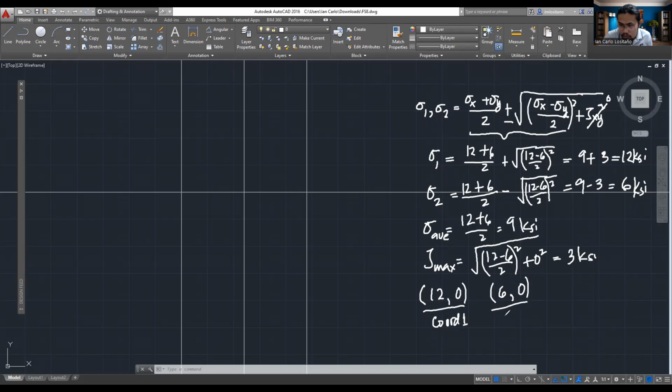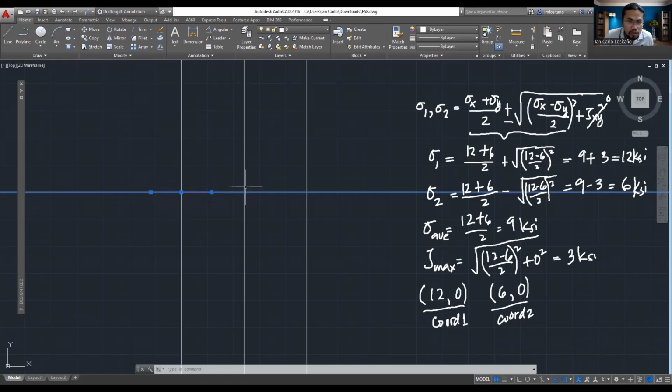To create those coordinates, you offset by 6 and then 12, because the x-axis is the normal stress.